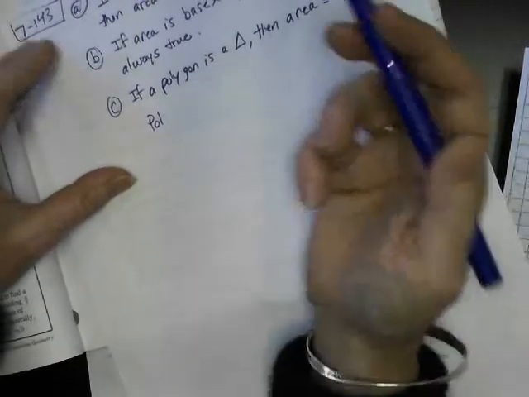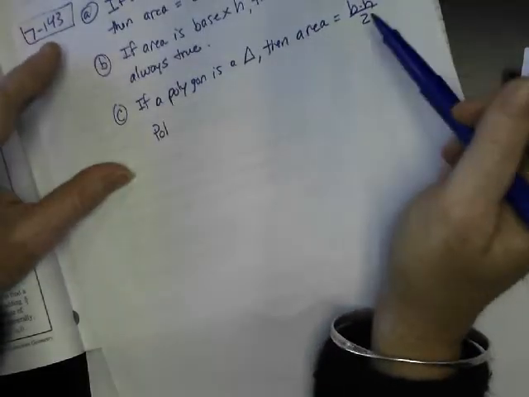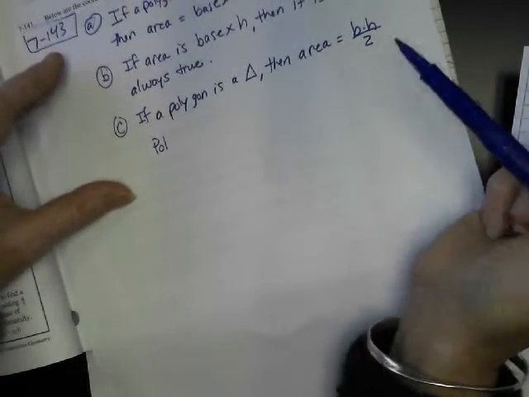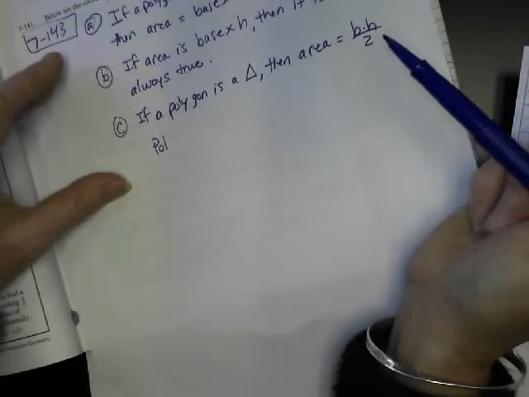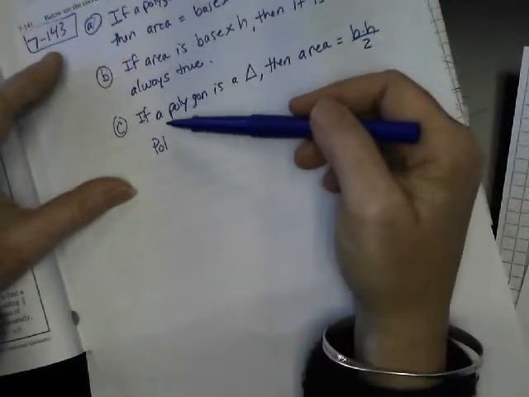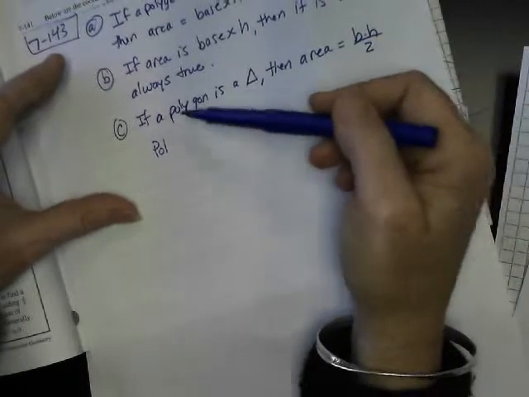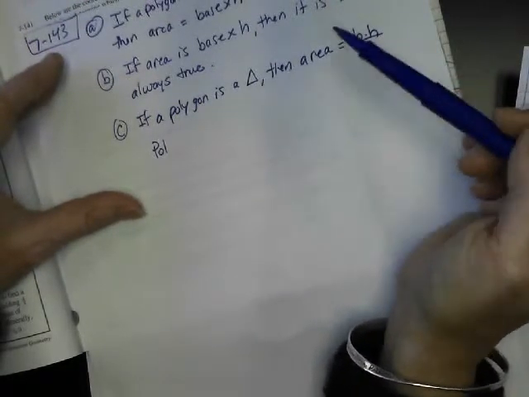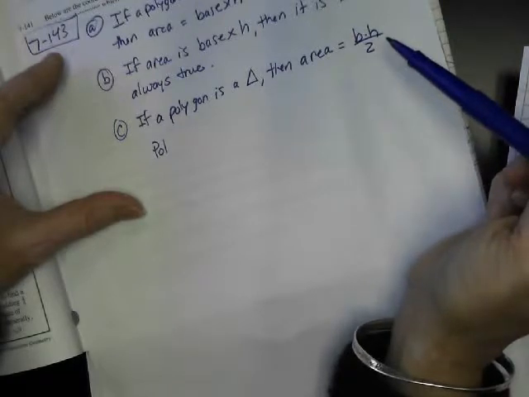I got a simpler one. If a polygon is a triangle, then the angles add to 180. That's a good one too. Either or. So he could trade this out for if a polygon is a triangle, then the sum of the angles is 180.